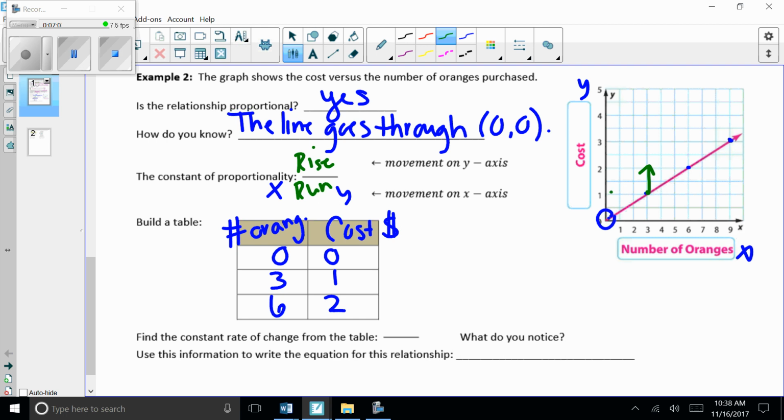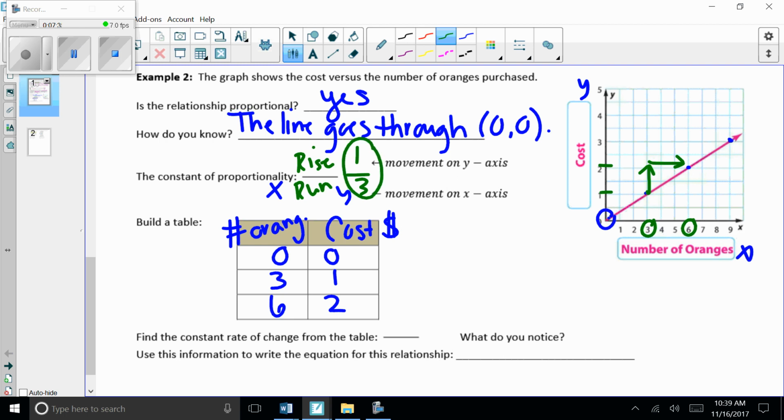So I went from 1 to 2, so my change is a 1. Now I'm going to run. I'm starting at 3 and I'm going to end at 6, so I run to the right. Because I was going up and right, both of my numbers are positive, and the change from 3 to 6 is a 3. So my rate of change, according to my graph, is 1/3.